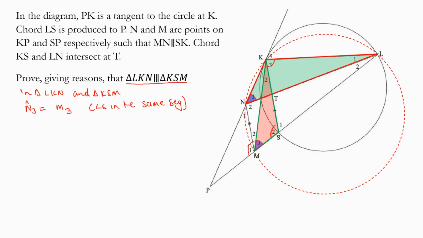Angle NKL is equal to angle M1, since angle M1 is an exterior angle of a cyclic quad.